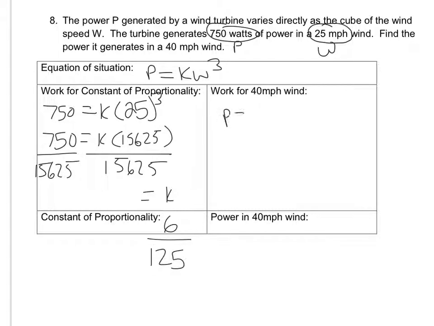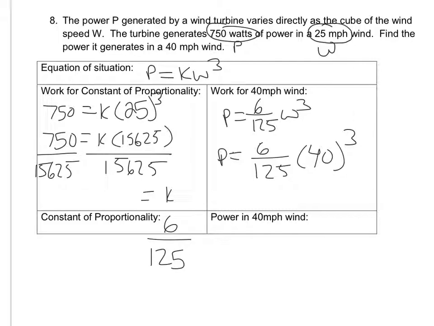So now we know P equals 6/125 W to the third. So you get P equals 6/125 times 40 to the third. So calculate that. You get 3,072 miles per hour. Or sorry, not miles per hour. That's the wind. We already have the wind speed. It's watts. I knew that sounded crazy. My fault.